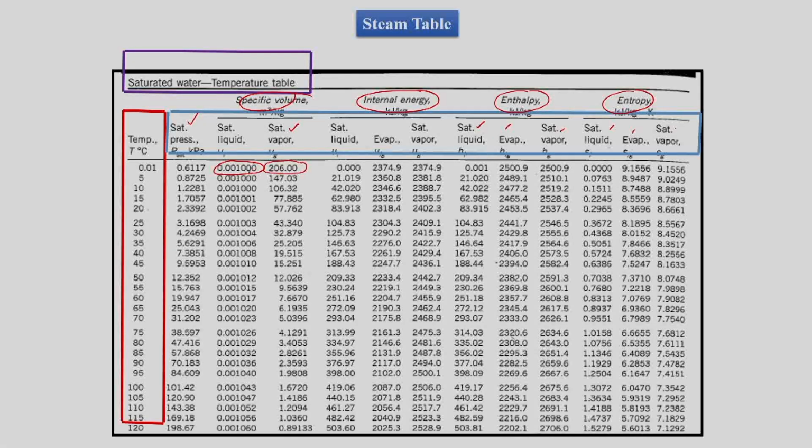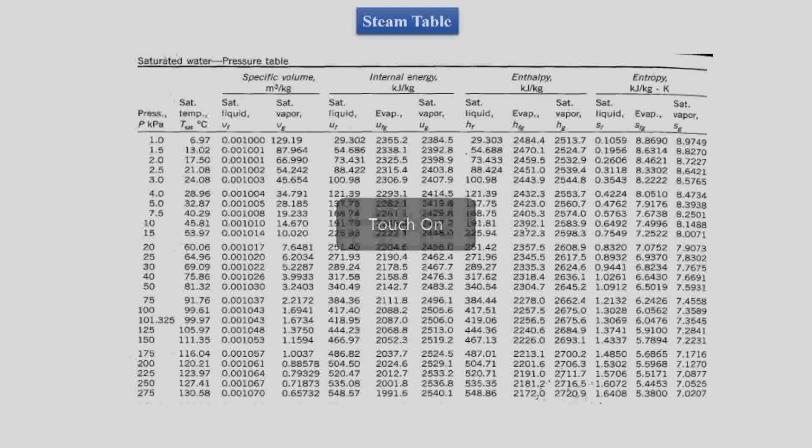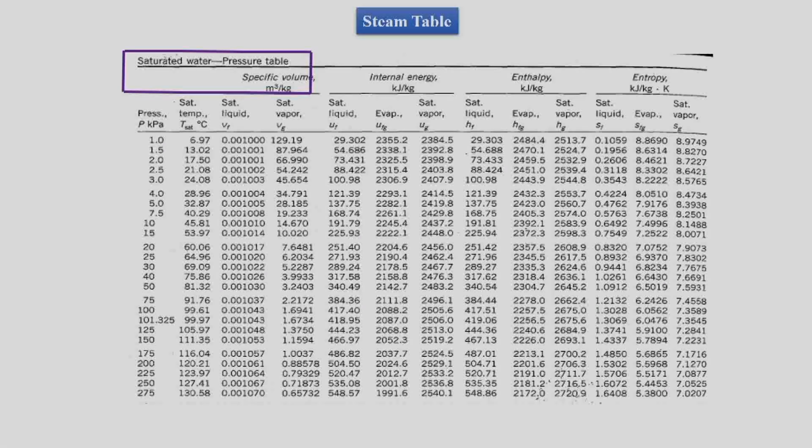We can see that if we change the saturation temperature, there is not much change in the specific volume. That is what we were discussing, that in the pumping process we can treat specific volume as constant. After this we have another part of the steam table, the pressure part, where instead of saturation temperature, saturation pressures are given in discrete formats.